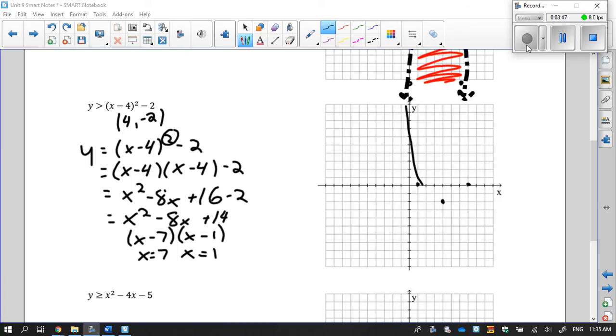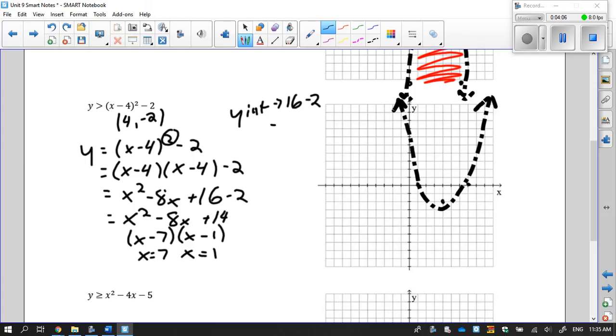So yeah, oh, that should be a dash line, sorry. And then just take a guess, and you can even use your confirmation skills to know that the y-intercept is 16 minus 2, which is 14. So it should be up there, it doesn't need to be super accurate.